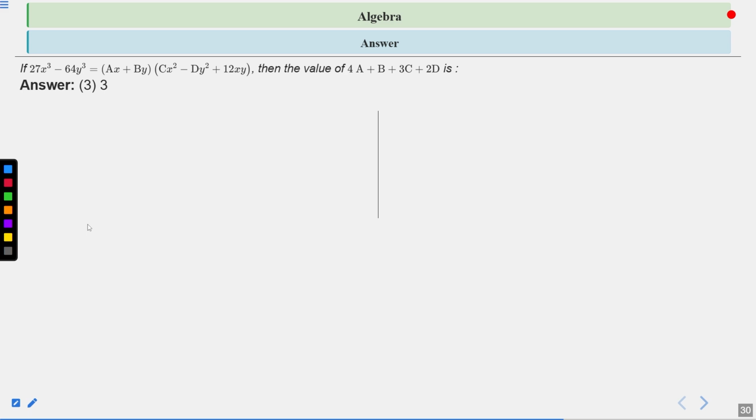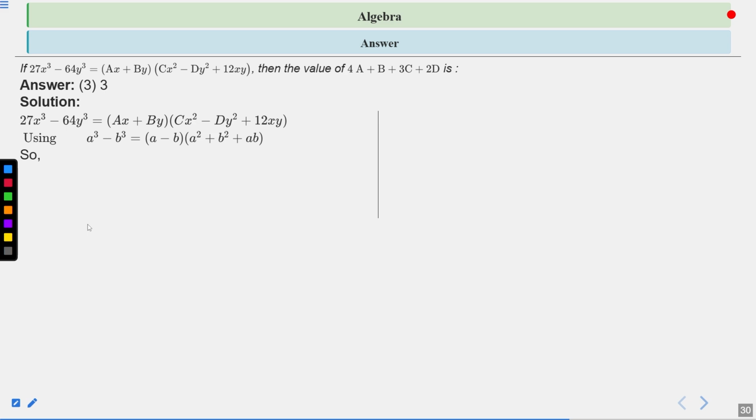The correct answer of this question is the third one, which is 3. Now see the detailed solution. We can write the given equation, and by using the formula of a³ − b³, which is equal to (a − b) in one bracket, in another bracket (a² + b² + ab).